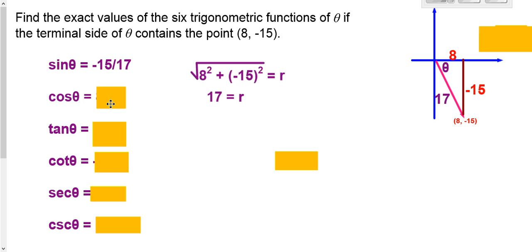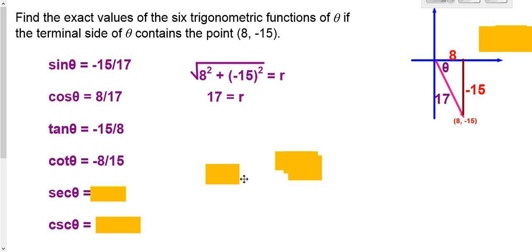Cosine of theta equals, and cosine, remember, is adjacent, or x, over your hypotenuse, or r. Tangent is opposite over adjacent, or y over x. Cotangent, you have to flip your tangent upside down. Secant, you take your cosine and flip it upside down. And then cosecant is the reciprocal of sine, so you flip that upside down.